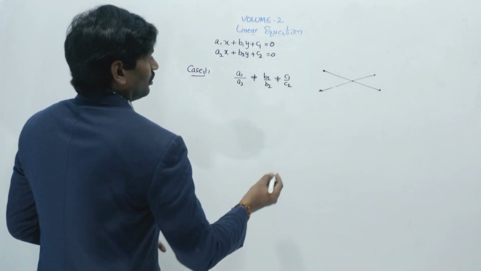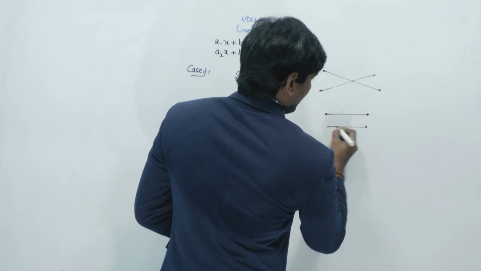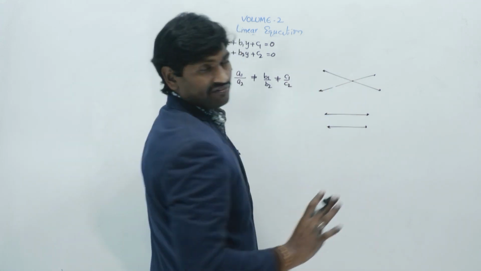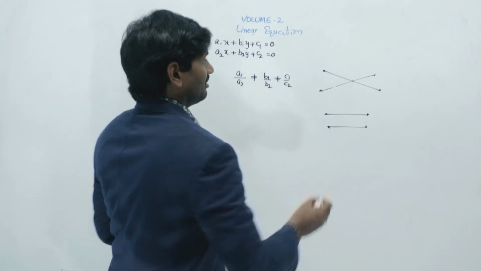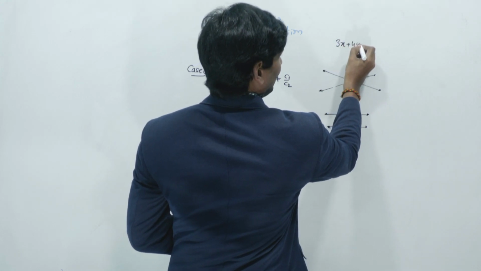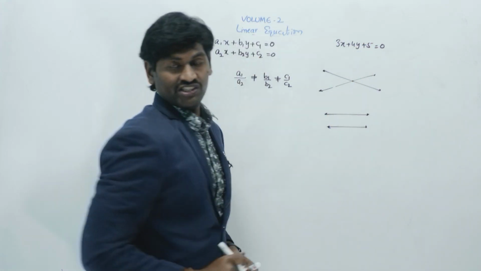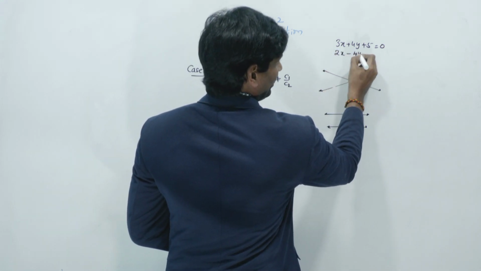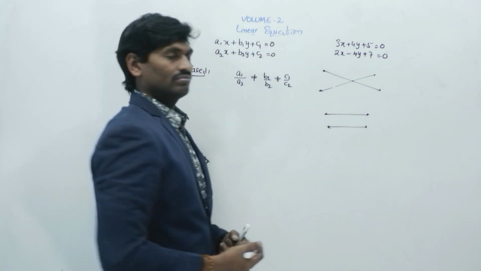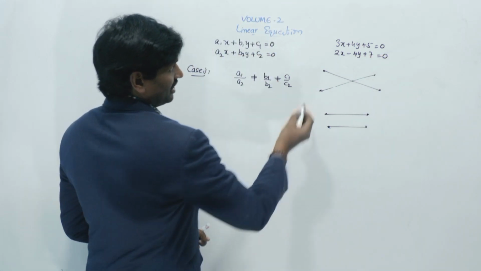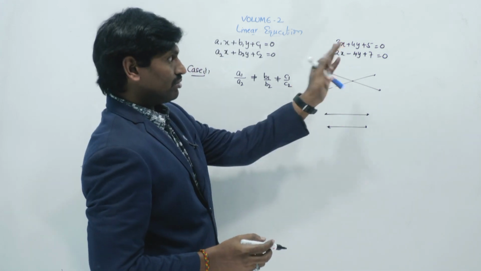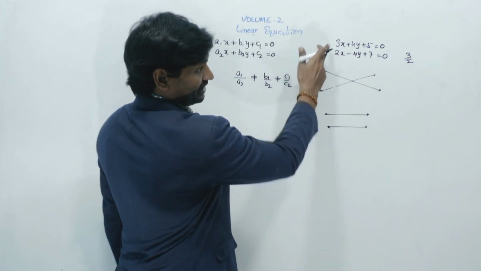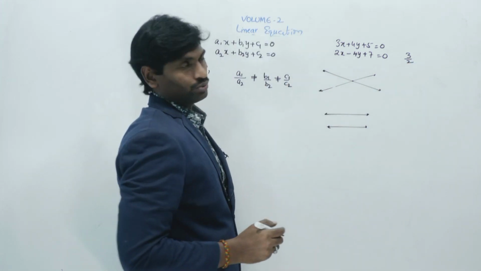Now coming to the parallel lines. Let me take an example with numbers. For example, 3x plus 4y plus 5 equals 0 is one equation, and 2x minus 4y plus 7 equals 0 is the other. I am just applying the ratios here. First 3 by 2, the x coefficient is 3 in the first equation and 2 in the second.